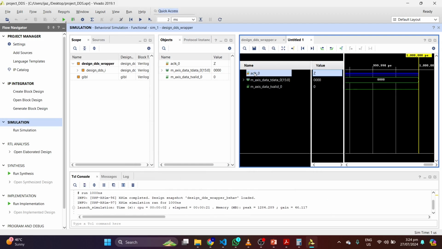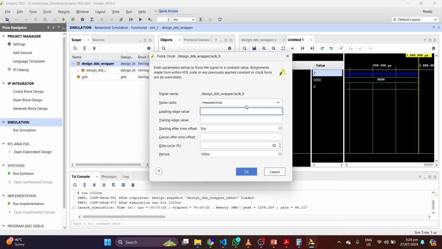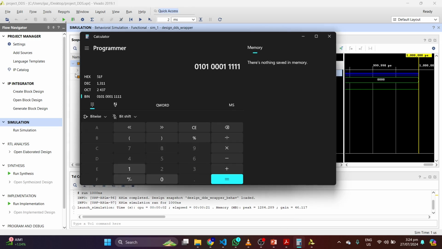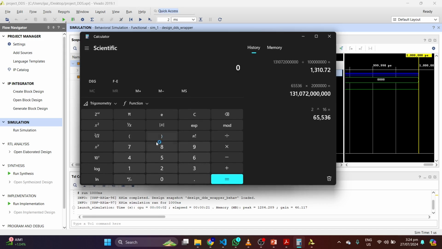No, we have to put the force clock. I will keep it decimal, start from 0, trailing edge is 1, the duty cycle is 50, and we want it to make 100 mega. For 100 mega, we calculate 1 divided by 100 mega.